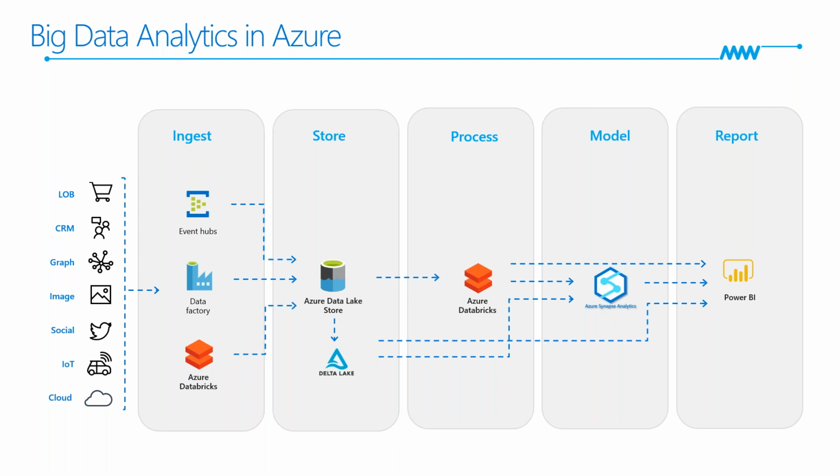And if you are running a lot of jobs to ingest data, maybe Flume jobs or MapReduce for analyzing the data, or even Sqoop jobs, you can replace your Sqoop jobs in Data Factory and connect to your relational sources. But if you want to continue to use, for example, SQL Server data, you can also use Azure Databricks to run your Sqoop jobs and bring the data into Azure Data Lake Store.